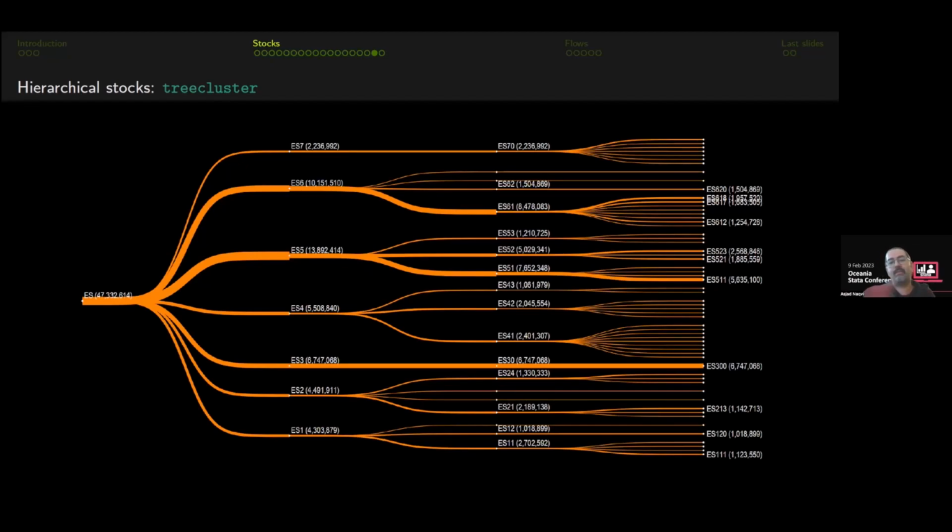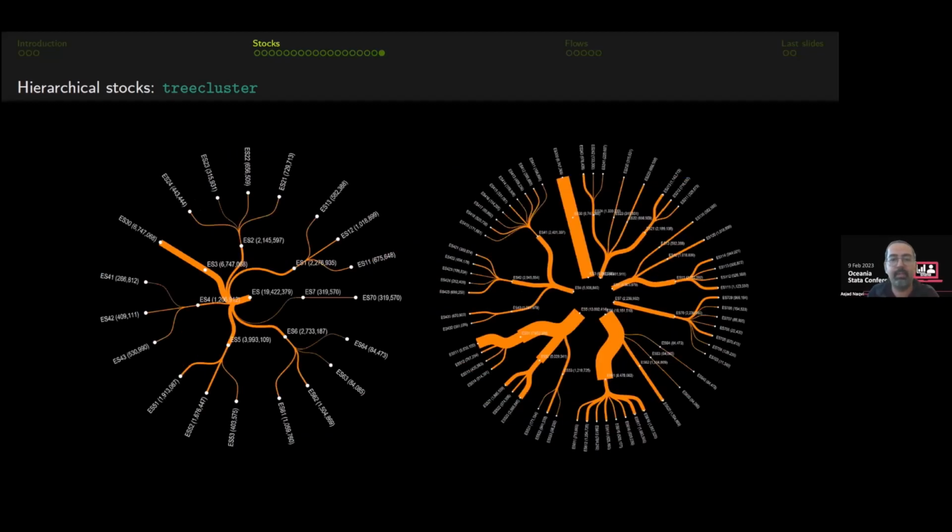The interesting thing about this package is that once you've done this layout, in this horizontal structure, you can also easily convert it into a radial structure. This is a one-line command. You just say tree cluster population by XYZ, and then radial, and it will convert the whole Cartesian coordinate system into polar coordinates, which was a lot of fun to figure out.